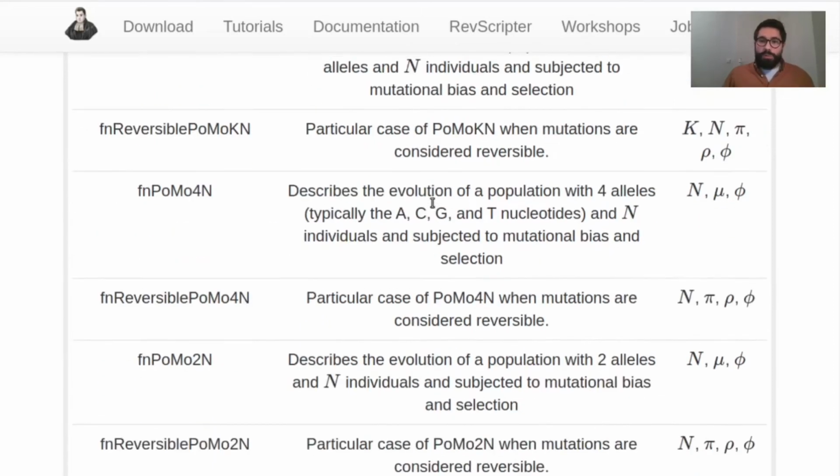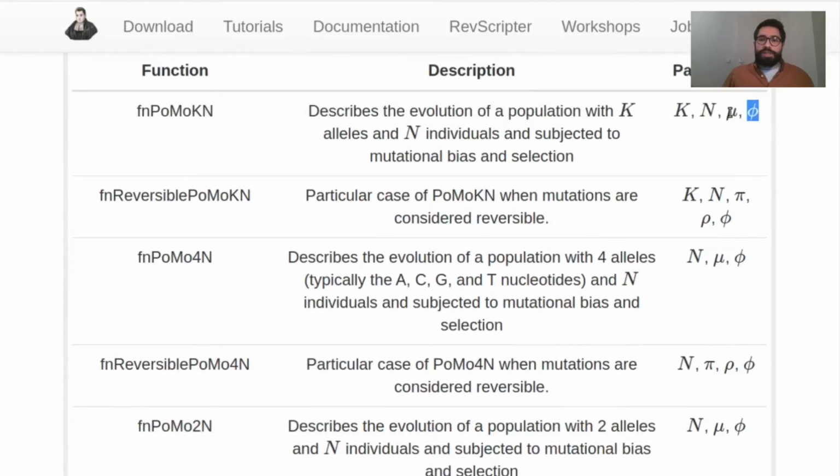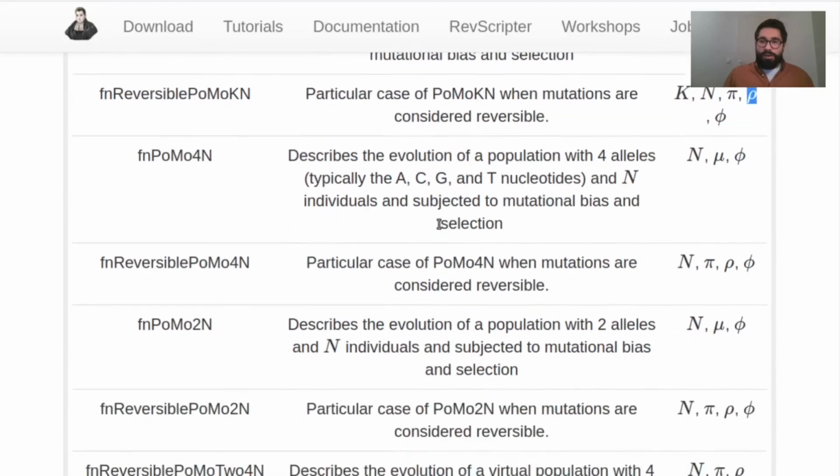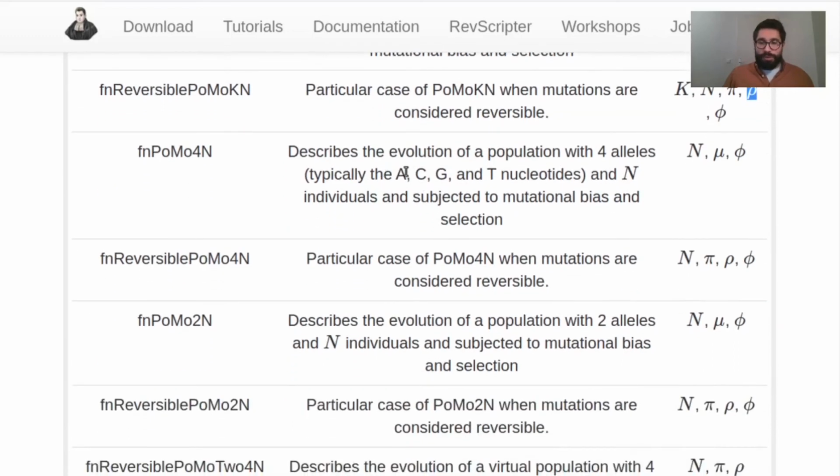And we may additionally consider that the mutation rates are reversible, and in this case we have the reversible POMO kn. And in this case, we no longer see the mutation rate vector, but instead the base composition pi and the exchangeability rho. Another very frequent situation is that we assume that the 4 nucleotide bases A, C, G, and T are the 4 alleles in our population.